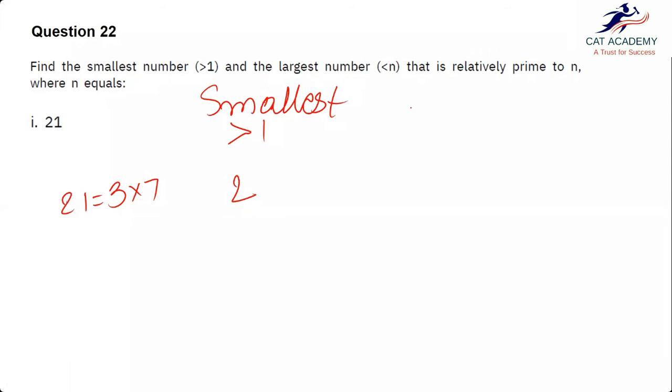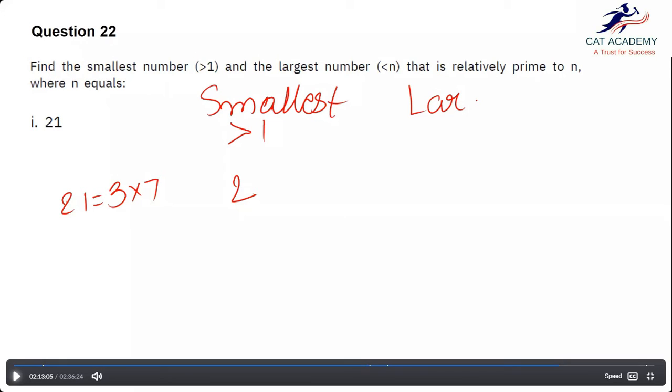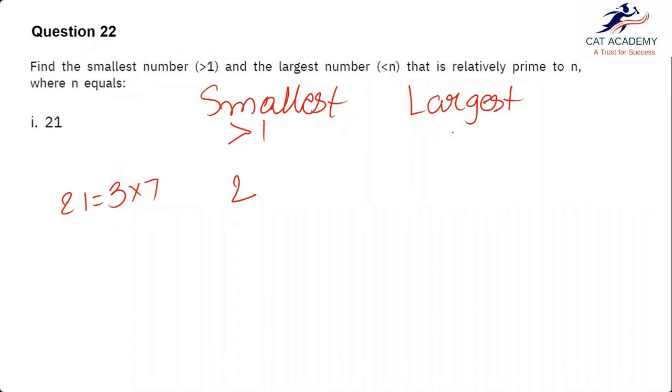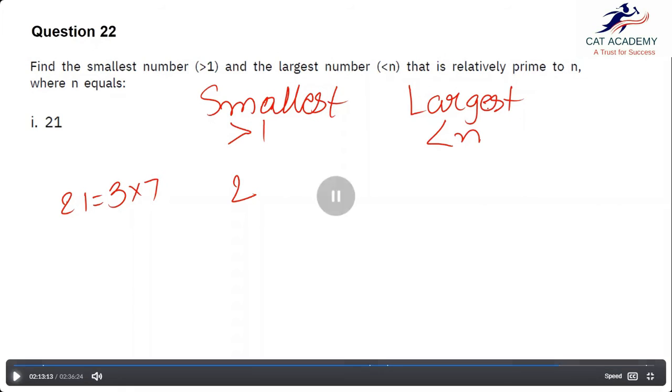And what is the largest possible such number which does not have anything common with 3 or a 7? Largest, but less than the given number. Right?